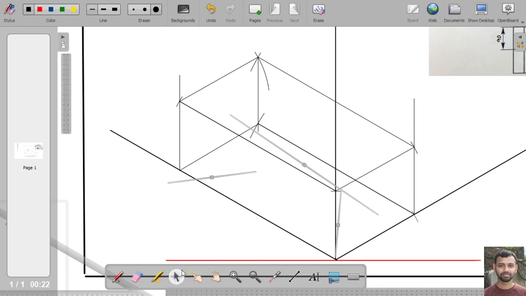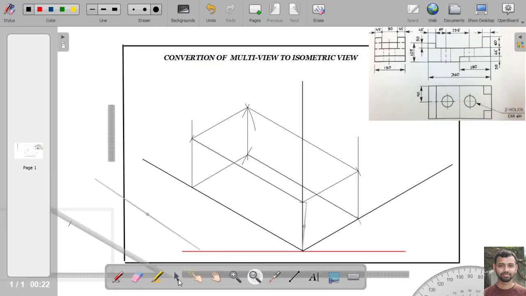Now we have to mark the other dimensions. If we are starting from this point, we have to locate this point first. This point is at a distance of 30 mm from the starting point.